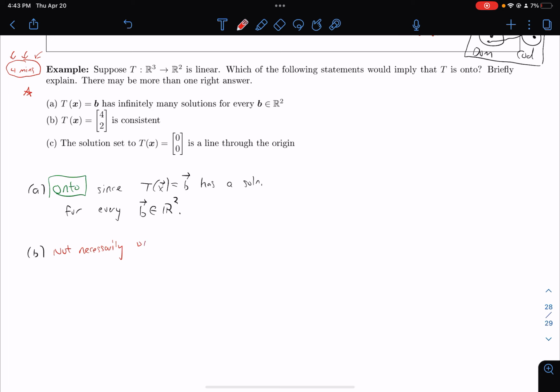Not necessarily onto, because this is only telling me information about one output.